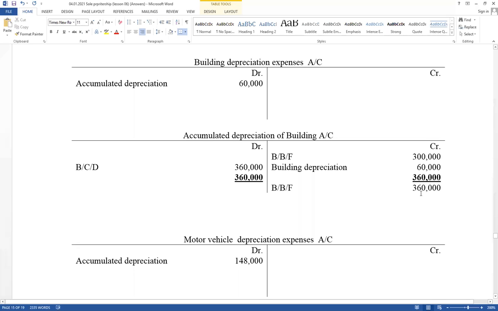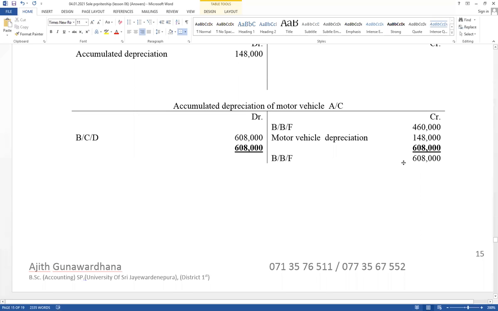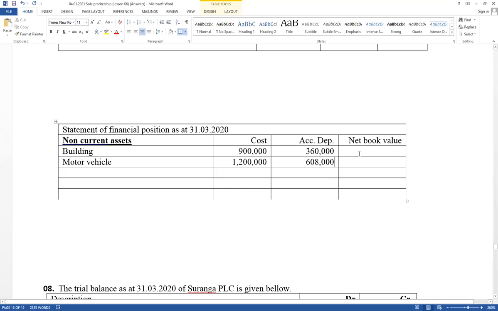Then take cost minus accumulated depreciation, and the net book value should be included in the last column. Therefore, 900 minus 360 is 540,000, and for the motor vehicle, 1.2 million minus 608 gives 592,000.